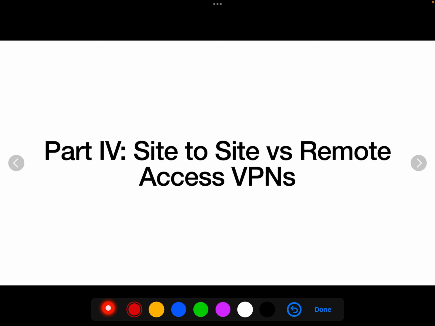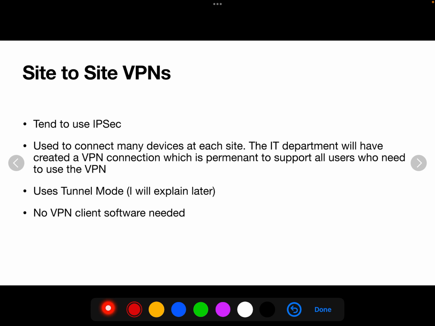Now, finally, site-to-site versus remote access VPNs. Site-to-site VPNs tend to use IPsec, as I was saying previously, and they're used to connect many devices at each site. The IT department, for example, in our school, will have created a permanent VPN connection to support all users at the schools who need to use a VPN.